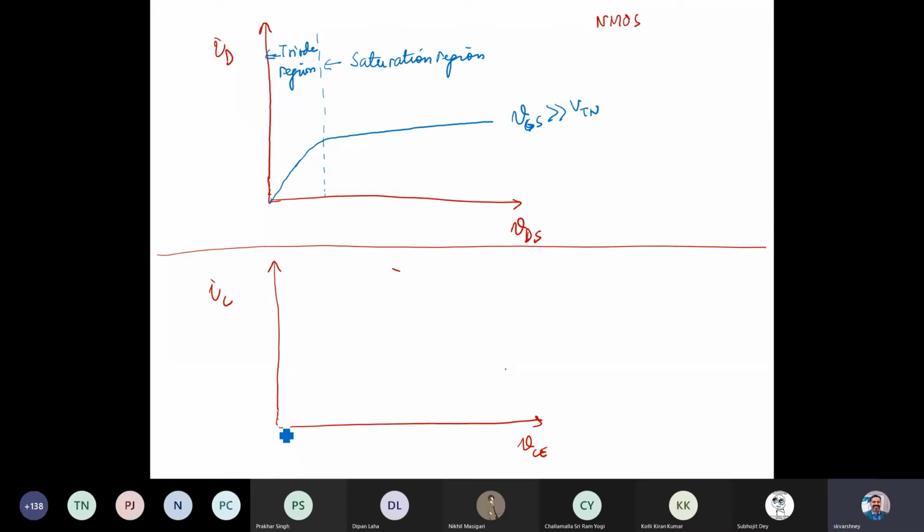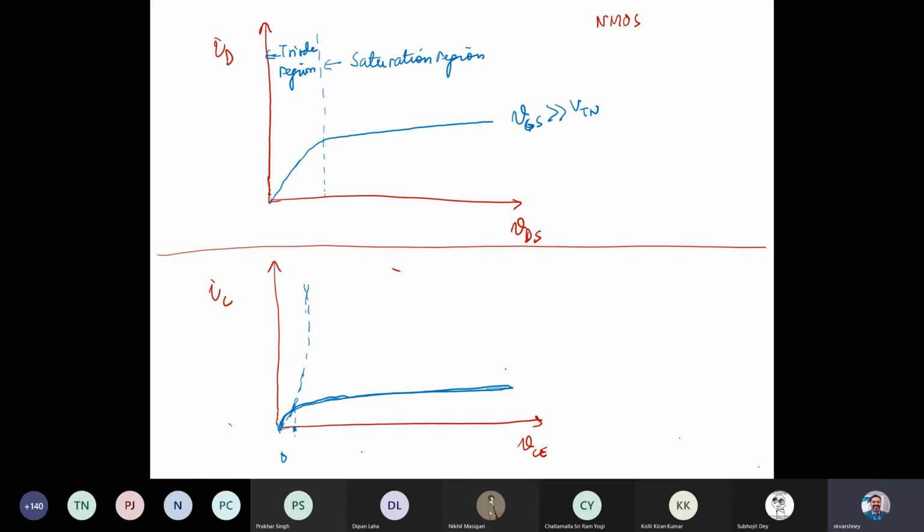In the same way for the BJT, this point is roughly between 0.2 and 0.3 volt.